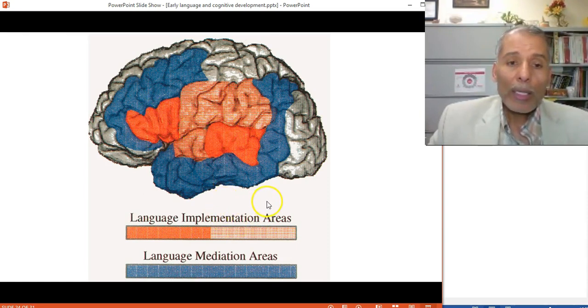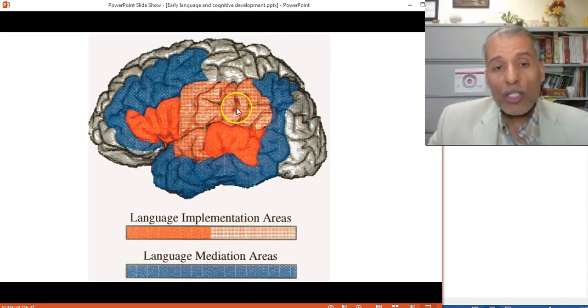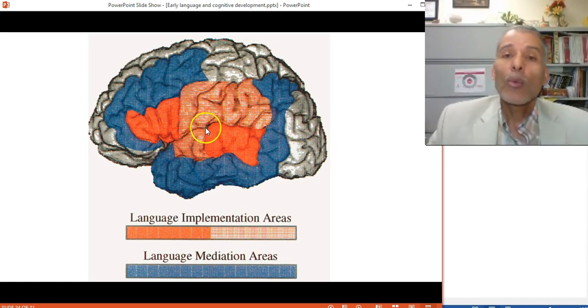So the language implementation, comprehension, expression, and the areas that serve these areas, they are the language implementation.